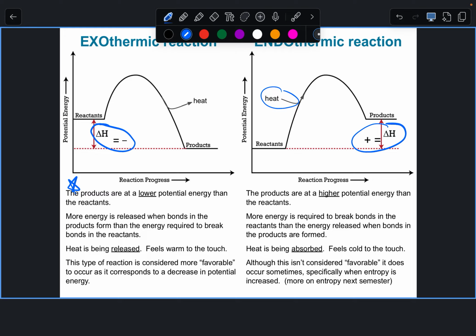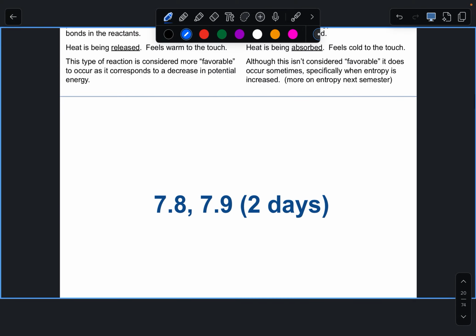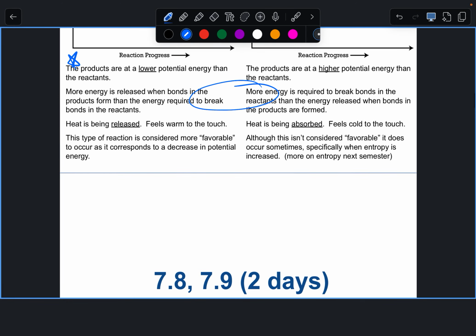And then the last thing that we haven't really had a whole lot of time to talk about is where this change in the potential energy comes from. So these ones right here talking about releasing and forming bonds. I'm just going to go to the next page where I have a little more room to write and show you what I'm talking about there.